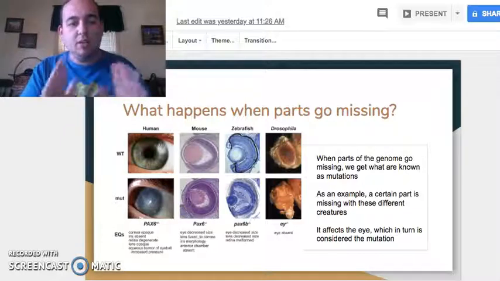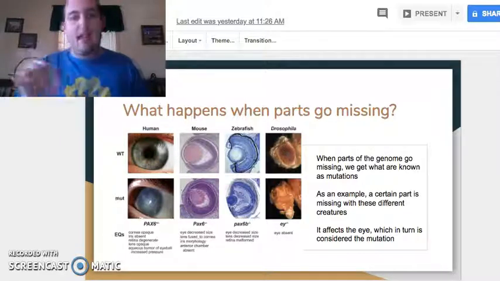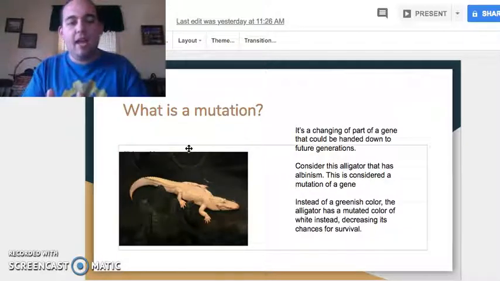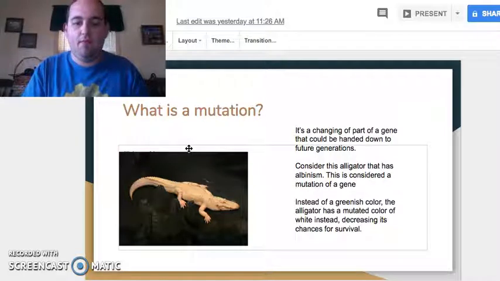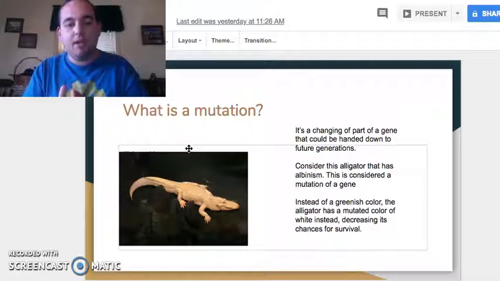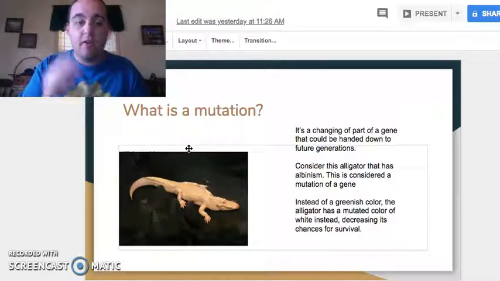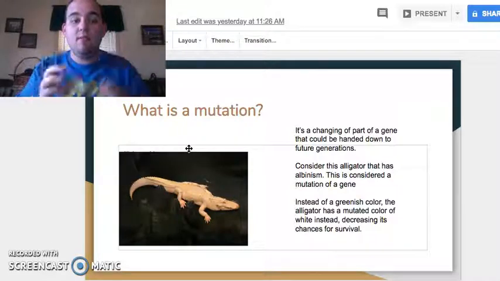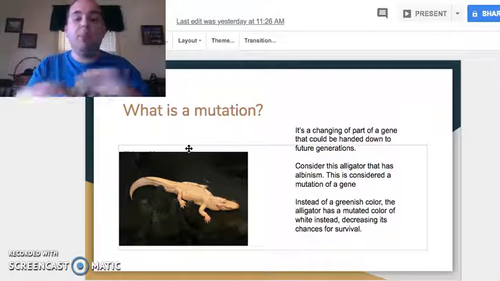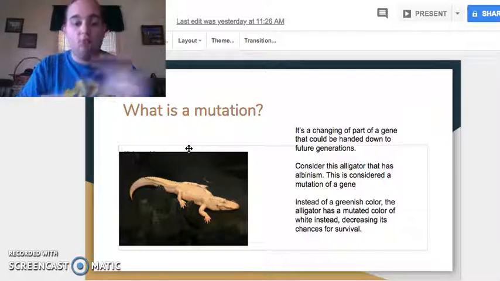I'm going to show you an example of one that isn't as extreme, but it's still considered a mutation because it's so different. So here we have an albino alligator, or crocodile, I'm not sure. So what happens here is that the alligator, or crocodile, is suffering from what is known as albinism, which means that its skin is completely white and its eyes are red.